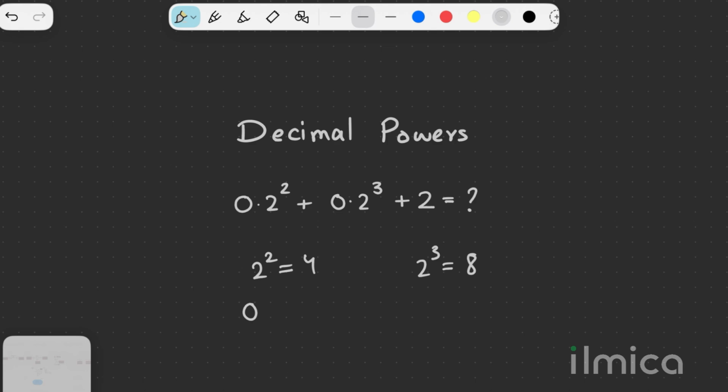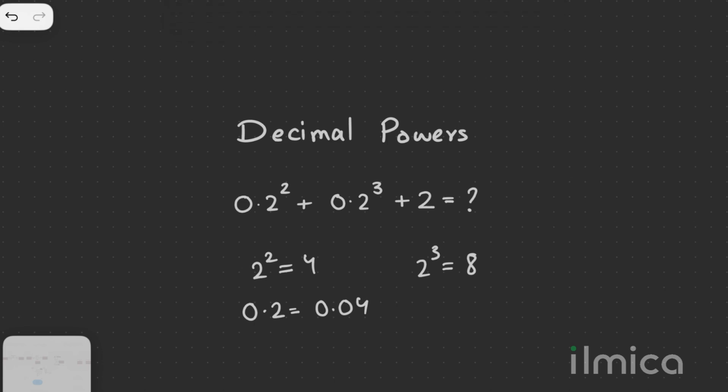So, for example, the square of 0.2 is going to be 0.04. Notice that you had a power of 2 over here. So, your number, which is 4, does not go into the first position, it goes on to the second position.